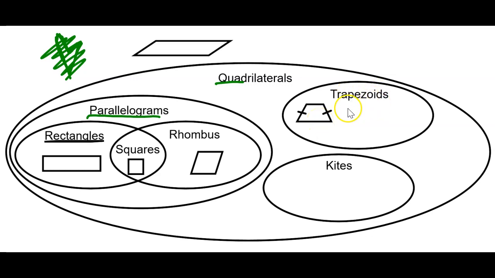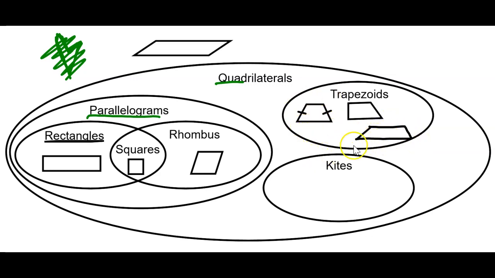Now, if we have a trapezoid that looks like this, that's called a right trapezoid, where you have one right angle. Notice you only have one set of parallel sides, and it's still a trapezoid. You can also have other trapezoids that are not right, like this. Let's see if we can draw one. Well, it didn't recognize it, but these two legs don't have to be congruent to make it isosceles.